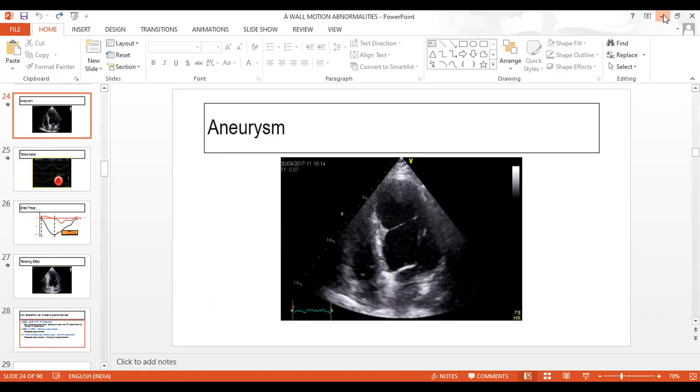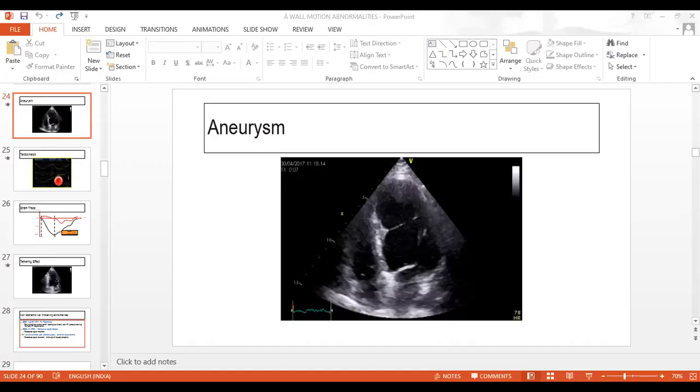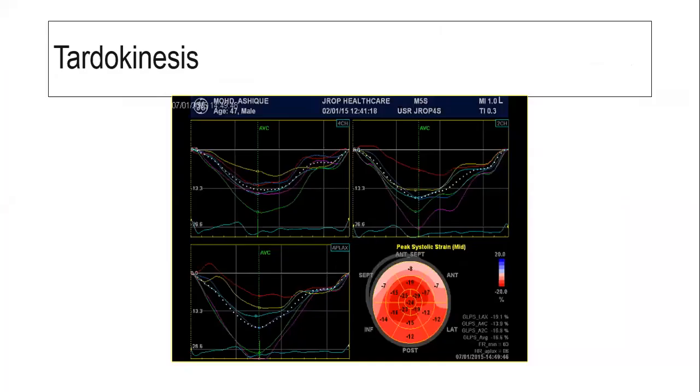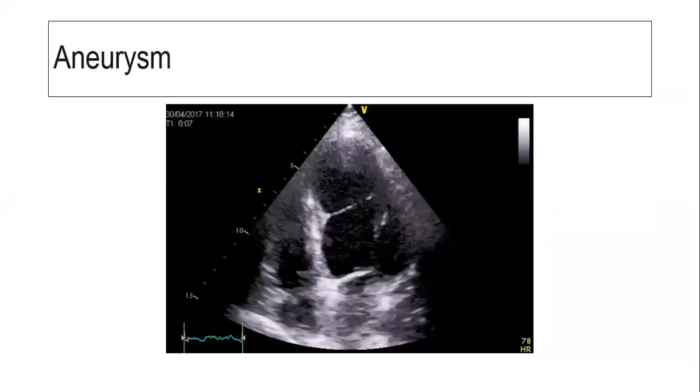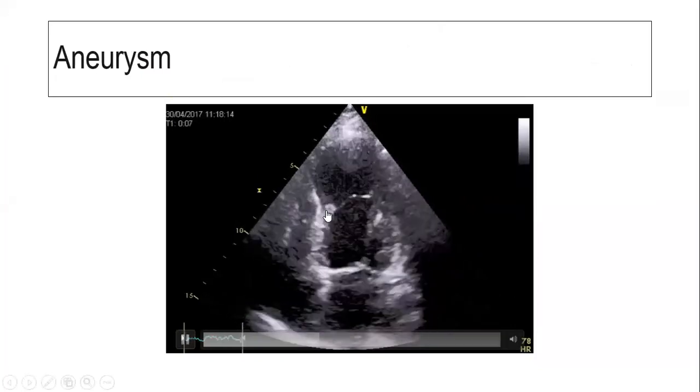Burned out phase means when the segments become akinetic, their thickness is less than 6 millimeter and they're hyperechoic. I was trying to look for those kinds of things, and if I'm able to show you, that's burned out phase. I hope this slide plays. So look at this slide over here.